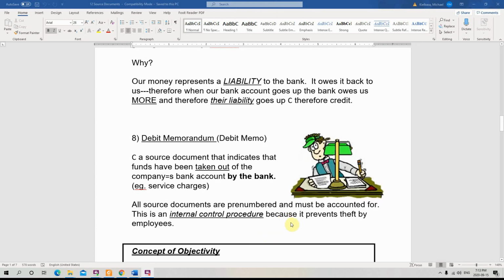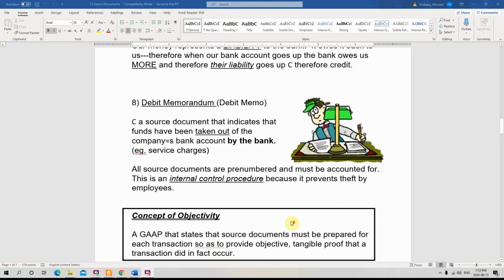Okay? Now, there is a GAAP related to source documents, and it's called the concept of objectivity. It's basically a GAAP that states that source documents must be prepared for each transaction so as to provide objective, tangible proof that the transaction did in fact occur.